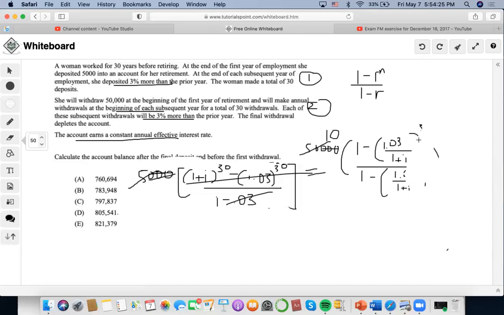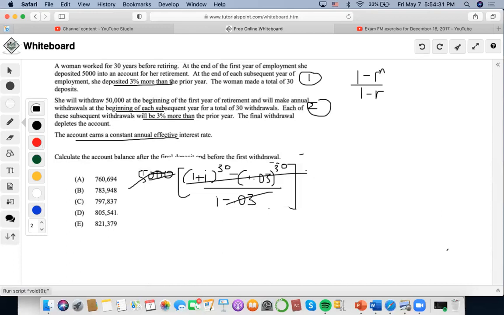And this is choice 2. I'm going to take my answer of the I that I found, which is 0.08267.